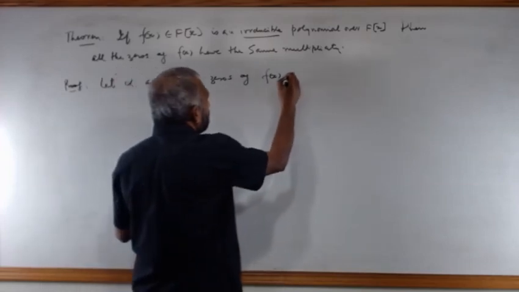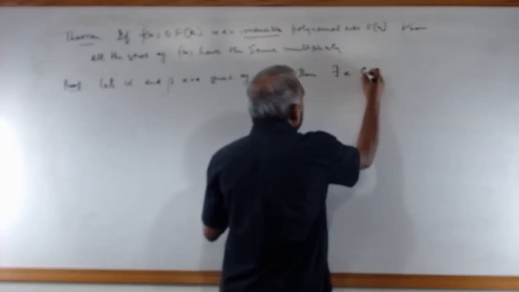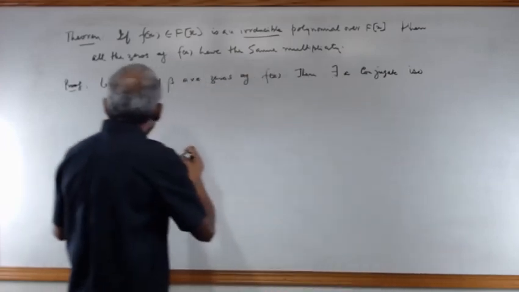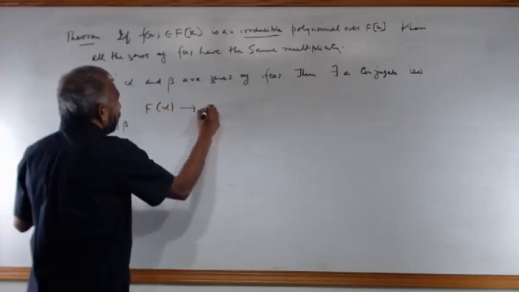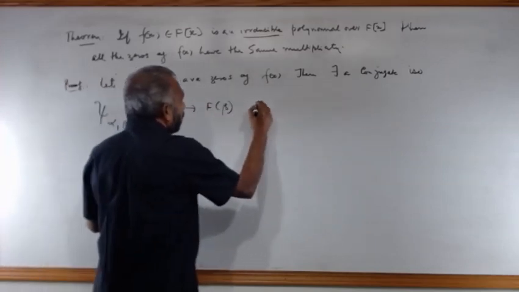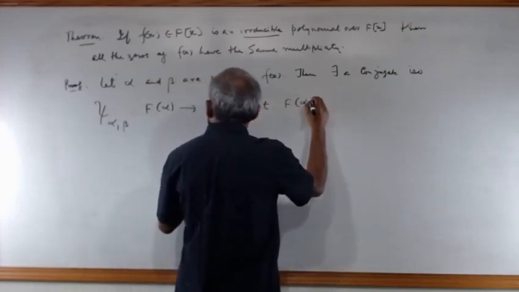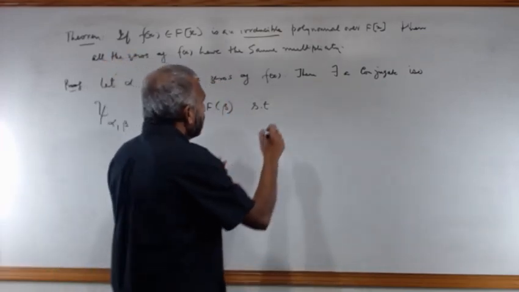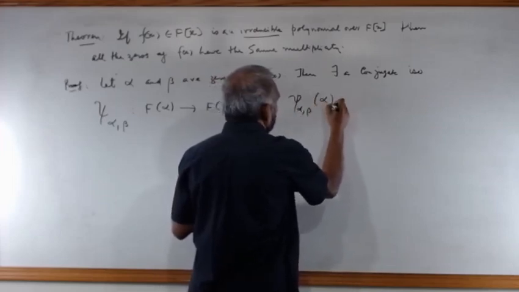Then there exists a conjugate isomorphism from F(alpha) to F(beta) such that psi of alpha is equal to beta.